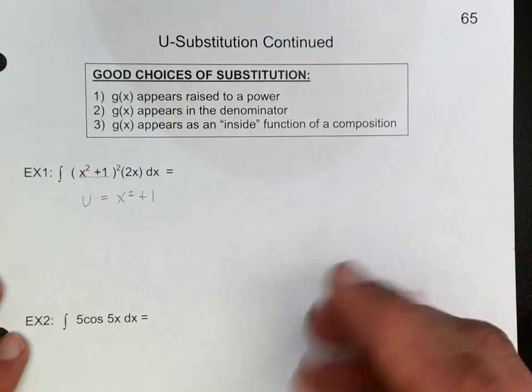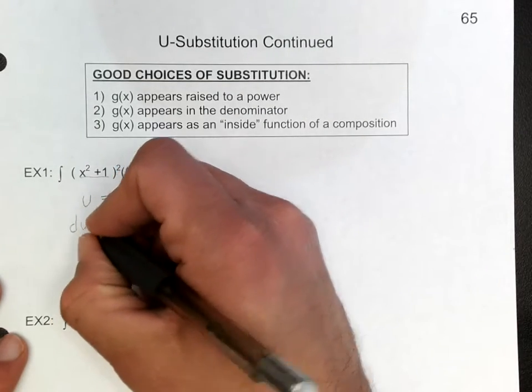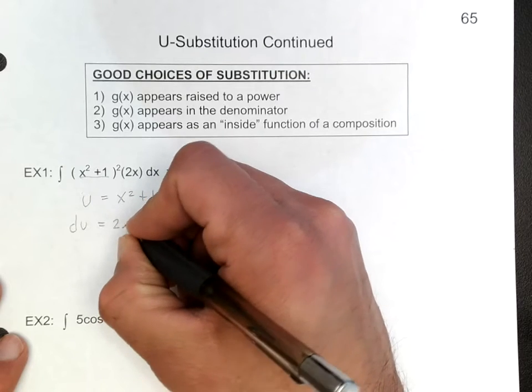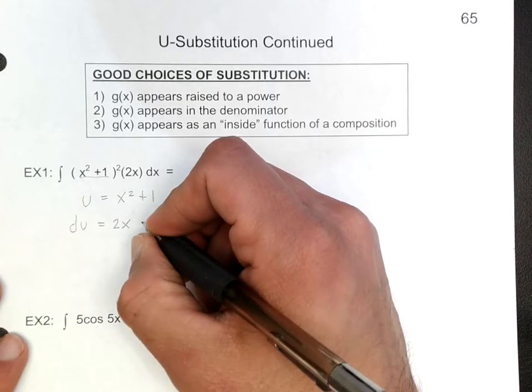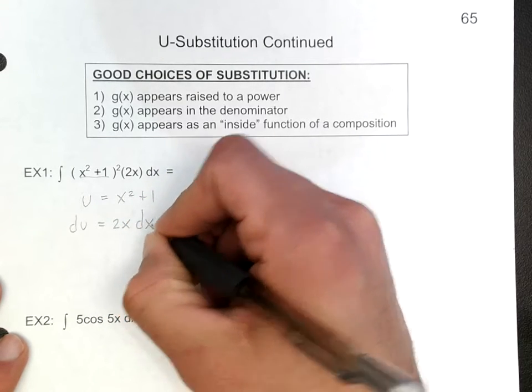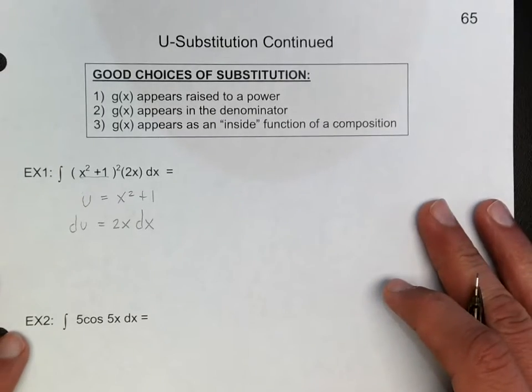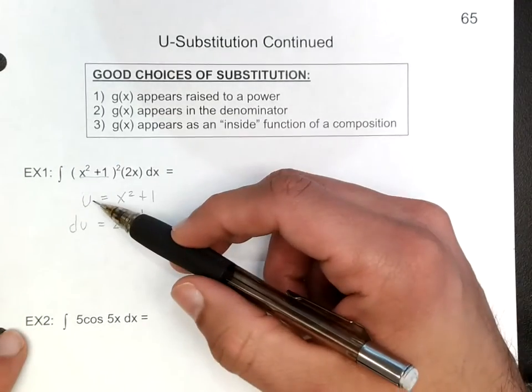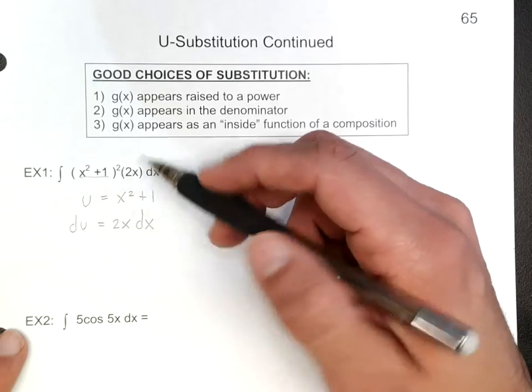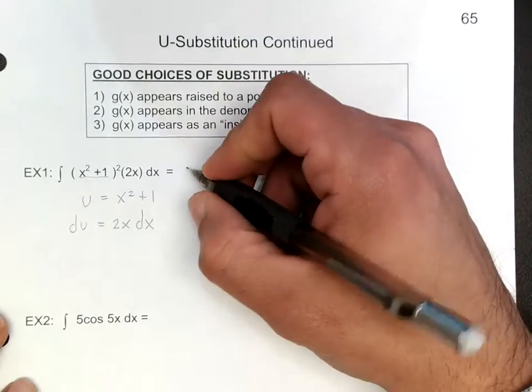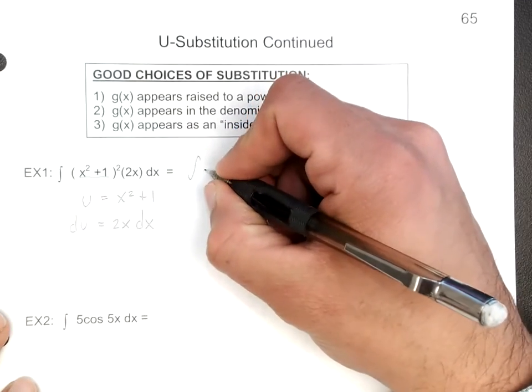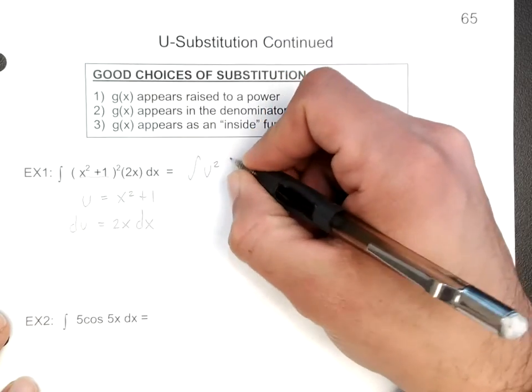If that's u, the derivative of that would be 2x dx. Now I'm going to substitute. Instead of x squared plus 1, I'm going to have the integral of u squared du.